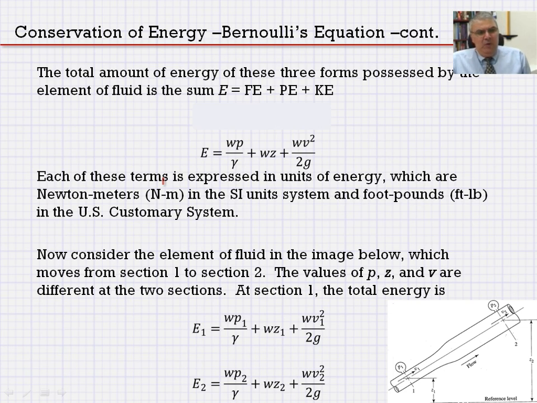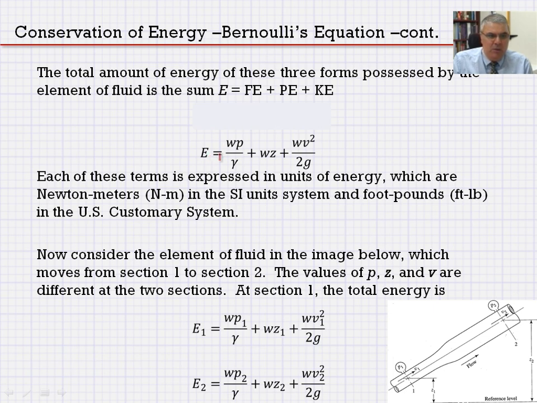So, as we already discussed, the sum of the energies would be fluid energy, potential energy, and kinetic energy. If we sum them up, we're going to get the total amount of energy that passed by the element of a fluid.